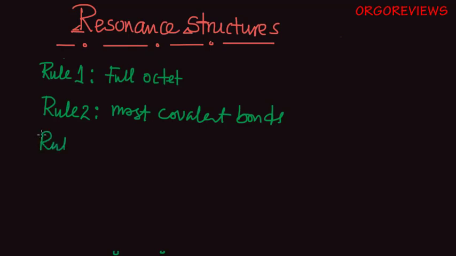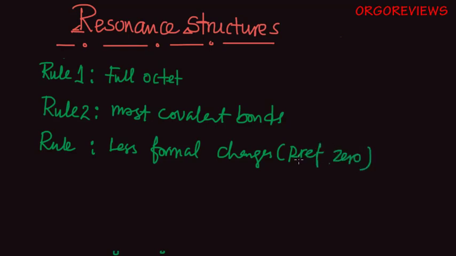Rule 3, you always select the resonance structures that have fewer charges, so fewer formal charges, and preferably if it doesn't have any, preferably if it is 0. So those ones will be major contributors.